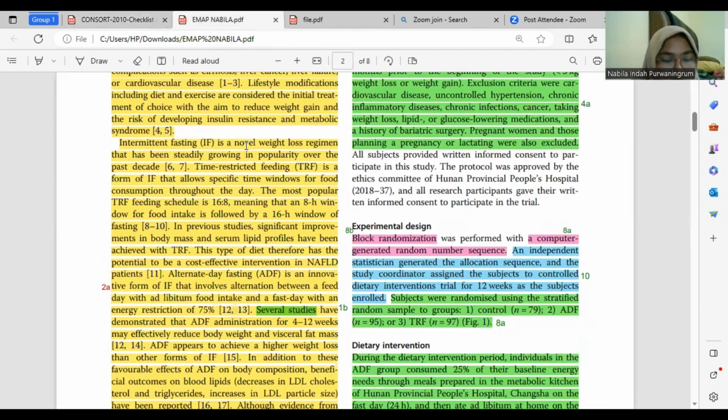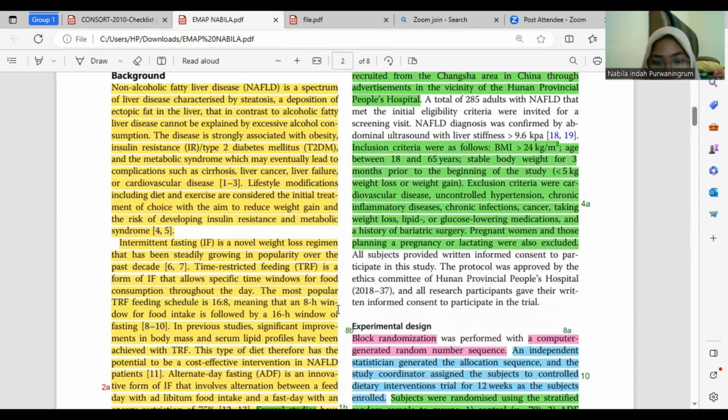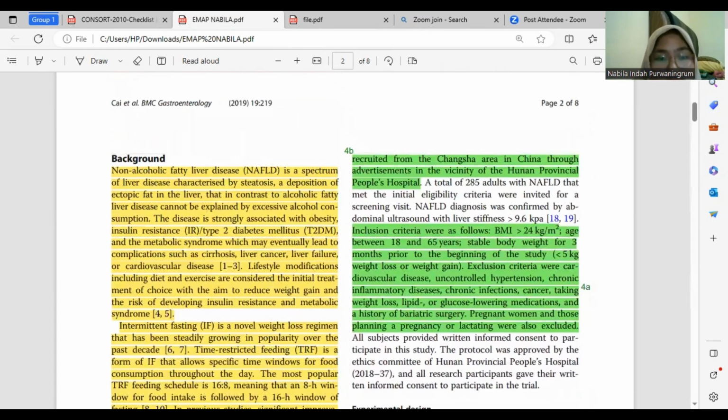Okay, let me tell you what it is. The scientific background and explanation of rationale means the authors explain the scientific background and rationale for their trial and its general outline.